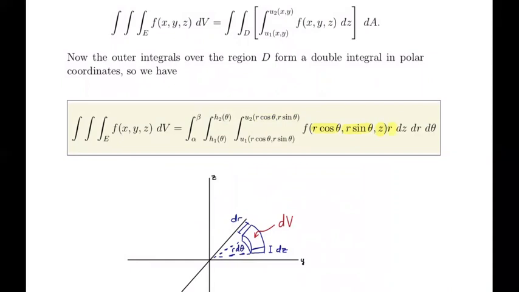The r is from the polar coordinate integral r dr d theta. That's what we did back in 12.3, double integrals over polar coordinates. And then we have dz, of course, to range between u1 and u2, the surface bounds.